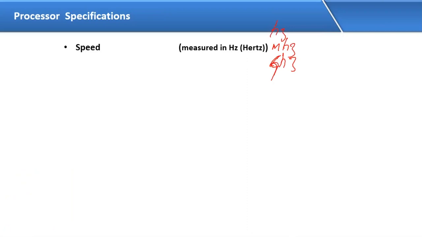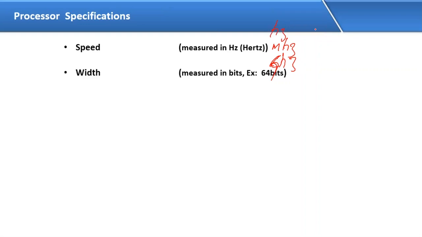When the first processor, the P1 system, came, and then the P2 system, Pentium 2, it had 700 megahertz, then 900 megahertz. But when the P3 and P4 systems came in the market, speed was calculated in gigahertz. Compared to hertz there is megahertz, and compared to megahertz there is gigahertz, okay?